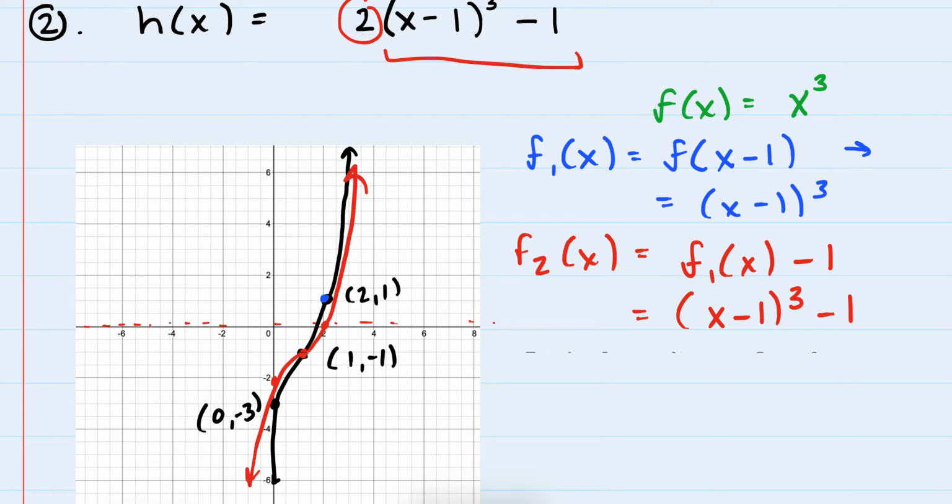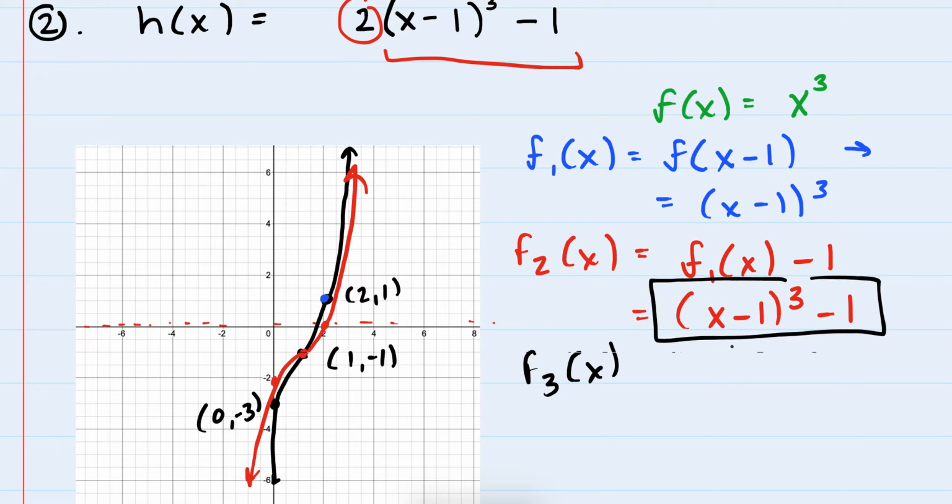Okay, and then you say, oh, my last step is to multiply by 2. So we take f3 of x and say, all I need to do now is multiply by 2, and this is where you're going to make your mistake. Say this is equal to f2 of x. Well, if you multiply this thing by 2, you're multiplying this piece and this piece by 2.